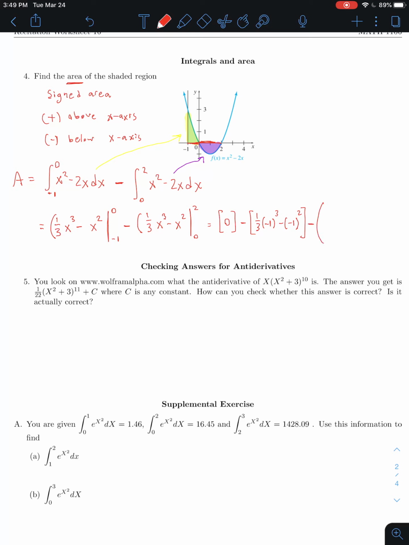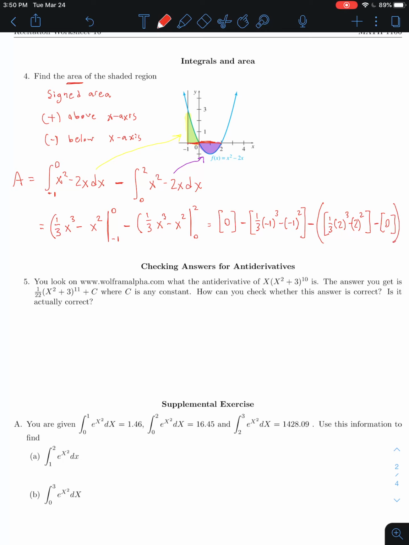Minus, now I'm going to open a big old set of parentheses. Our upper bound on the second one is 1/3 times 2 cubed minus 2 squared. And we have minus, and then again when we plug in 0, we're going to get 0.